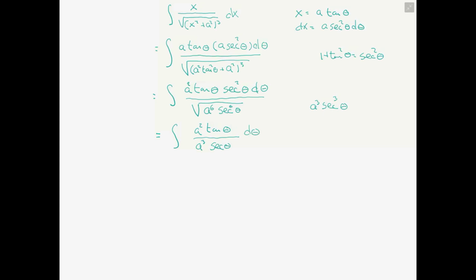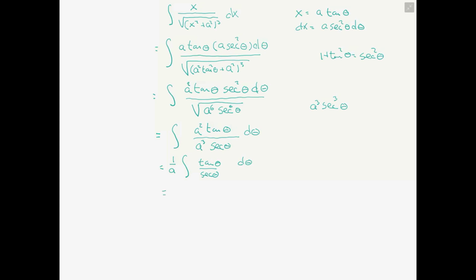But if we multiply top and bottom by secant, we got 1 on a secant theta tan theta d theta on secant squared theta.